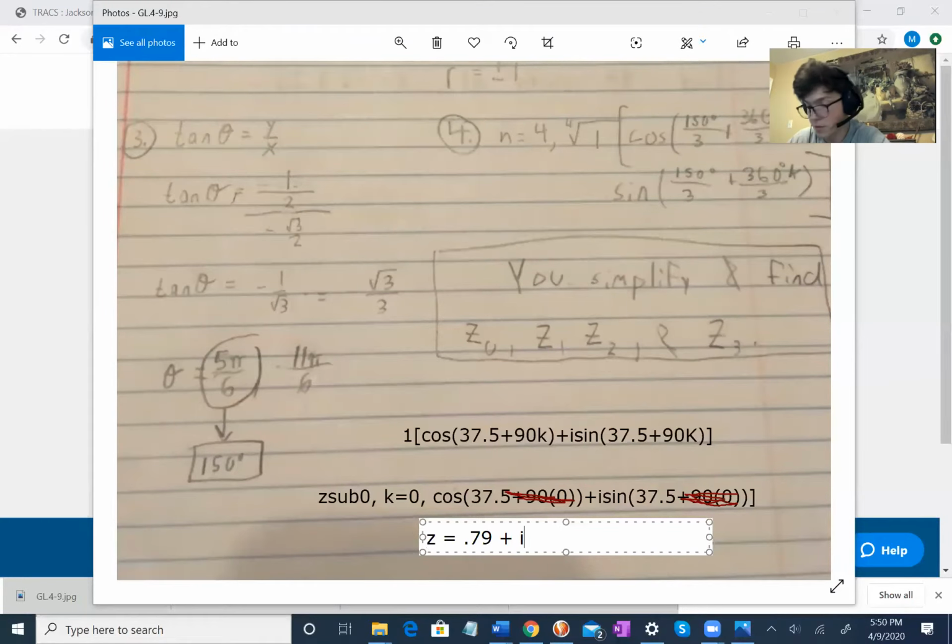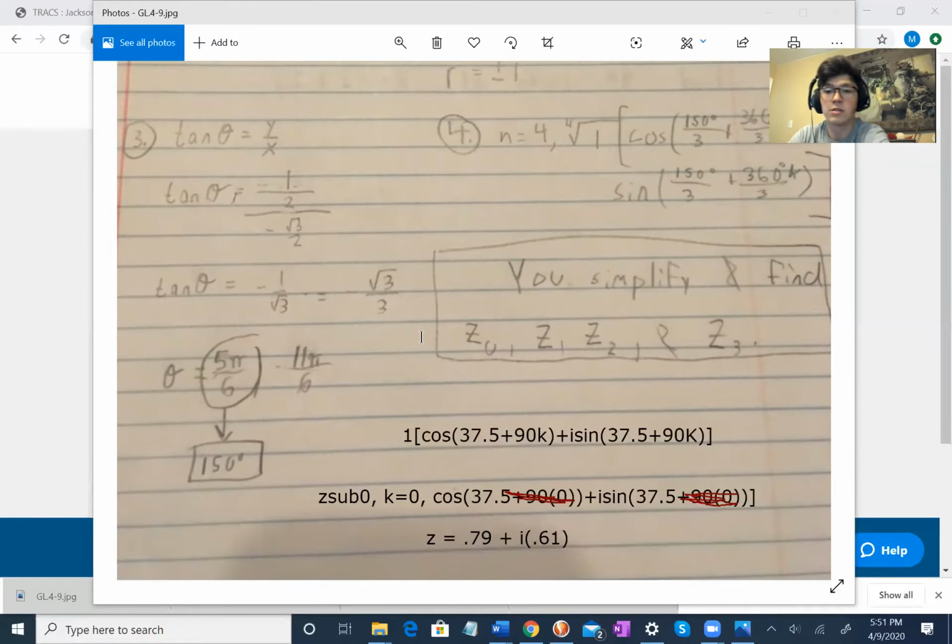So sine of 37.5 is about 0.61. And that is one of the roots from our polar equation that we had up top, which was Z equals negative root 3 over 2 plus 1/2 i.